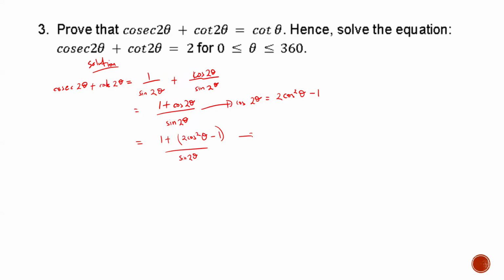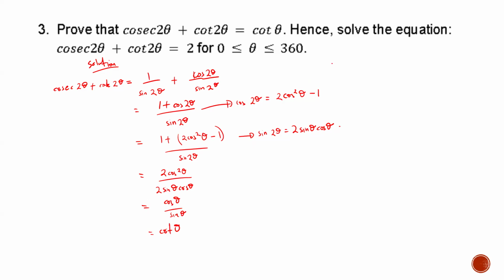And also sine 2 theta can be written as 2 sine theta cos theta. So that means we have 2 cos squared theta divided by 2 sine theta cos theta. And this is going to give us cos theta over sine theta, which is cot theta.